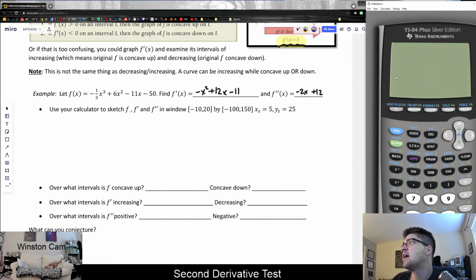Actually, let's look at a graph of the function real quick, because it will help us see the connection between the calculus and the first and second derivatives. But let's not actually sketch all of them. Let's just take a peek at the first derivative, or the original function.